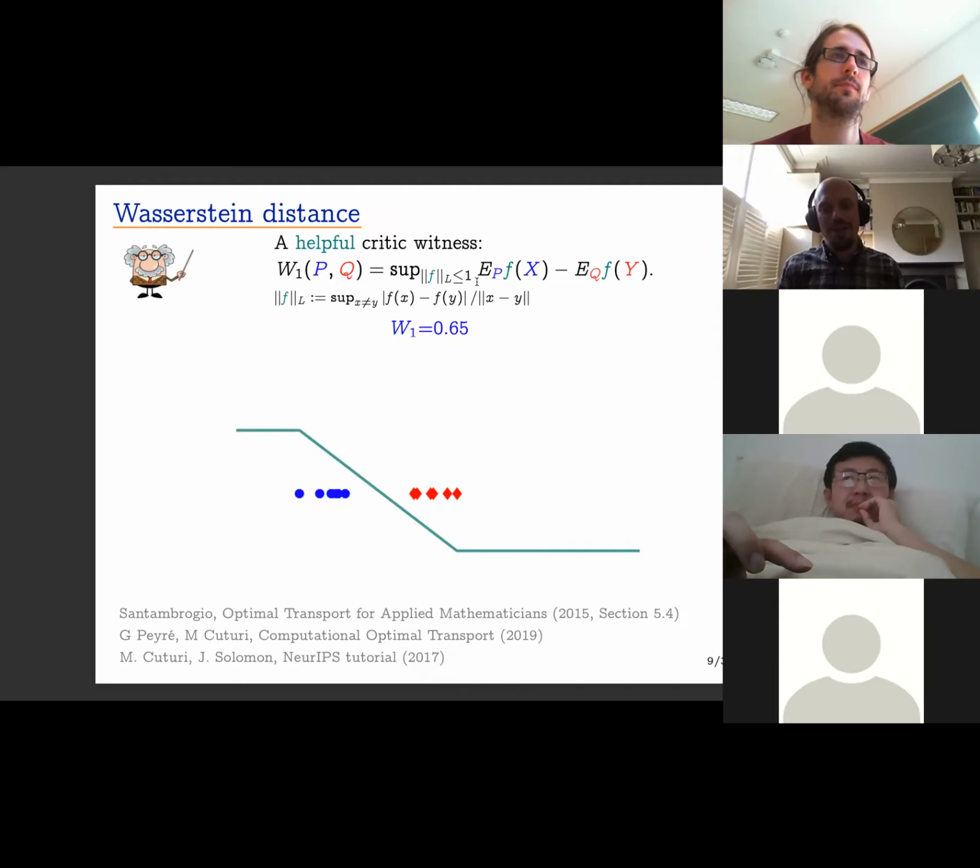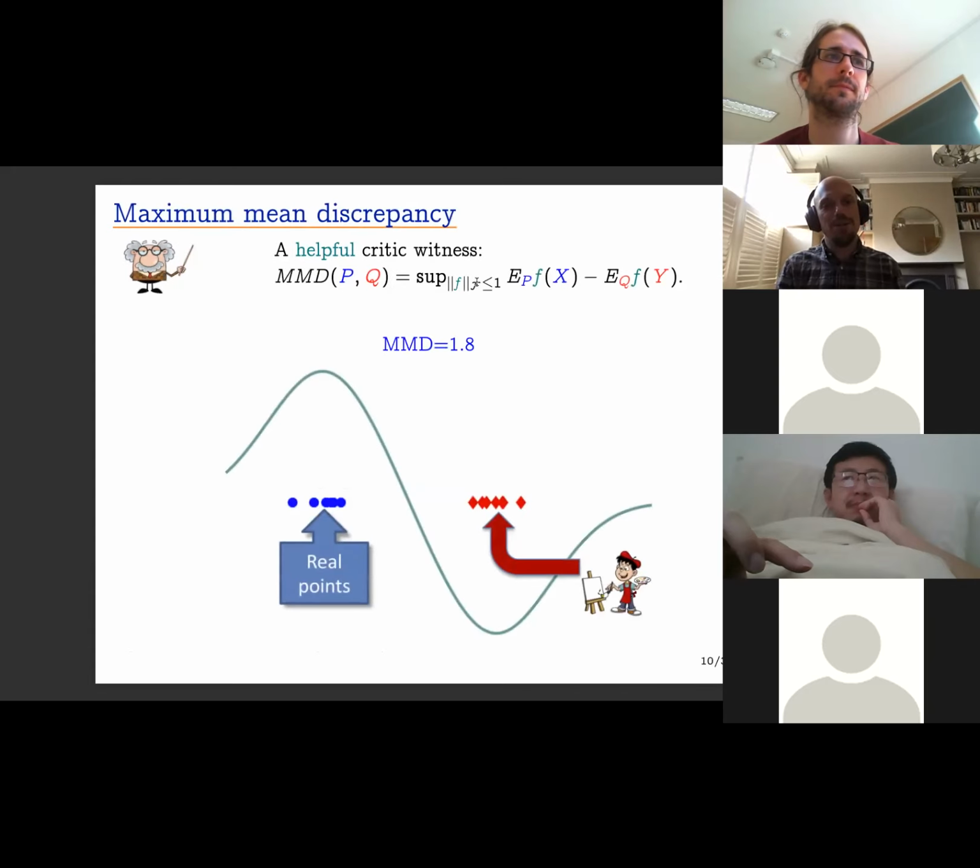And so Marco Cuturi has done rather beautiful work on a Sinkhorn approximation to the Wasserstein distance using a regularization which is entropic. What's interesting is that as one increases the regularization, this Wasserstein approaches MMD, which is obviously another IPM with somewhat different properties.